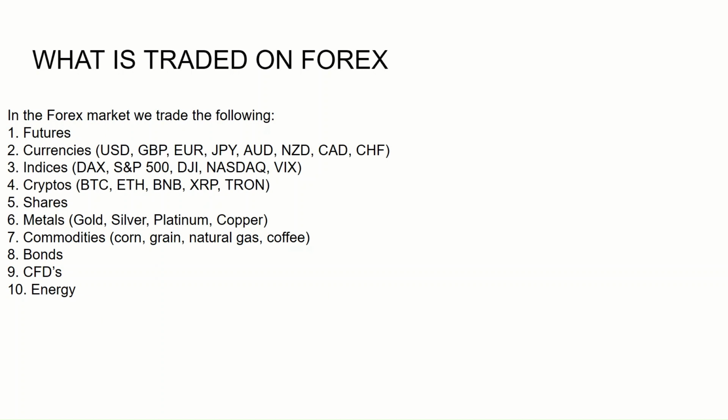So, what is traded on Forex? In the Forex market, we trade the following: currencies such as US dollar, GBP, Euro, Japanese yen, Australian dollar, New Zealand dollar, Canadian dollar, Swiss franc; indices such as DAX, S&P, DJI, Nasdaq, VIX; and then cryptos.